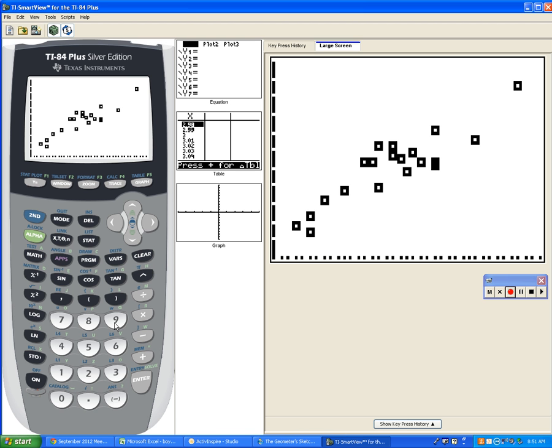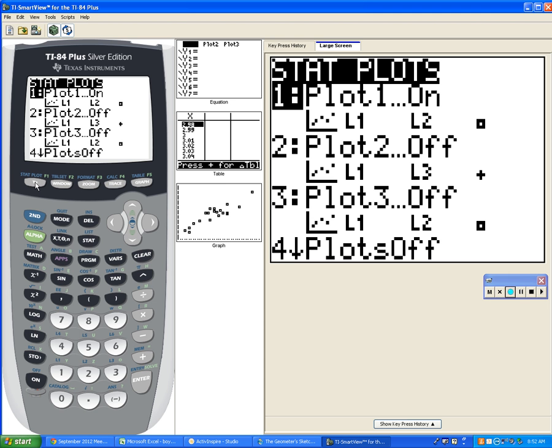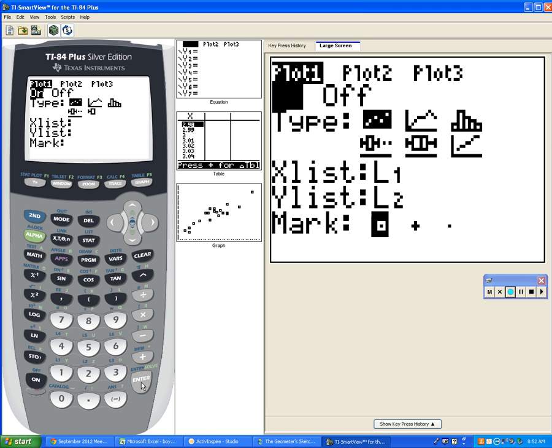All right, so now if you would turn to page 138, you will see a very important list of graphs. If you have lines connecting all your dots, and you don't want lines connecting all your dots, then you need to go to second y equals. And if you hit enter, then you can decide how you want your points to be graphed.